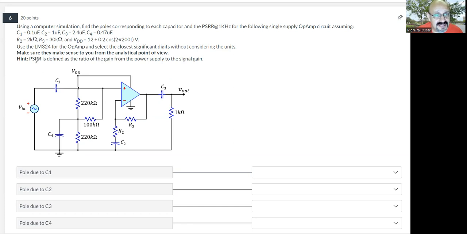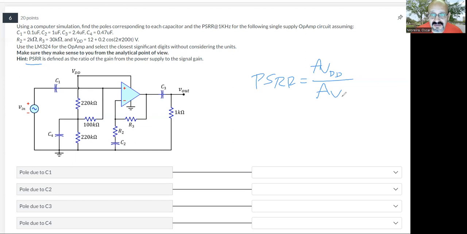Finally, the last part is to find the power supply rejection ratio. Power supply rejection ratio, just as a reminder, is equal to the ratio of the voltage gain, AV, with respect to the source, VDD, with respect to the voltage gain from the signal.